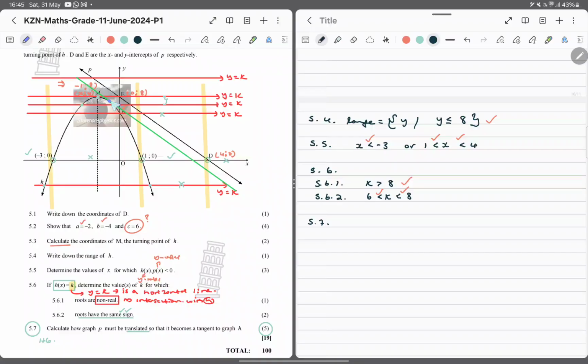We just need the corresponding y value there. If we can find out what that corresponding y value is, we will know that from its y-intercept of 8, we'll just take that distance and say by how much must we go down. We'll just say 8 minus this value here. It's going to be the distance that we need.